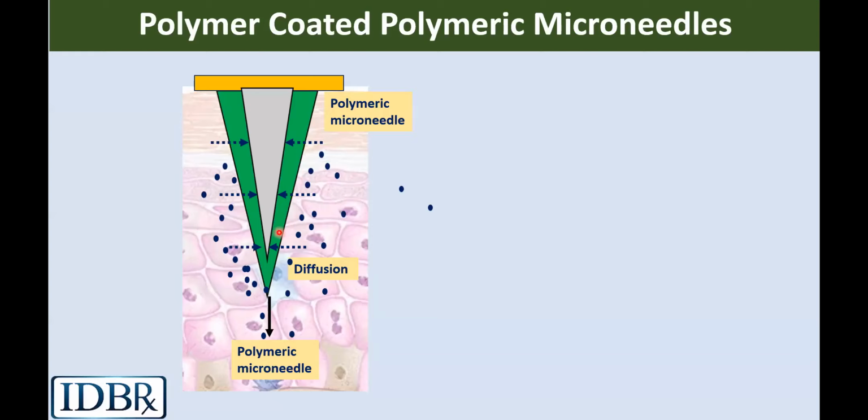The drug that is present in the extracellular fluid would diffuse across the barrier and get into the core microneedle, which is more hydrophilic. The polymer that you use should have an affinity to the drug molecule as well.